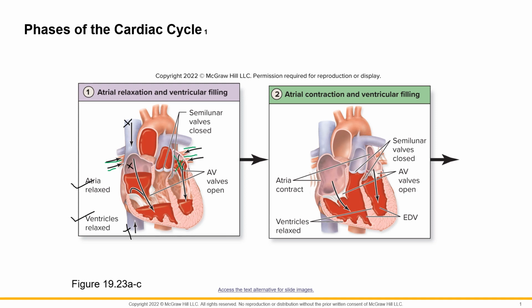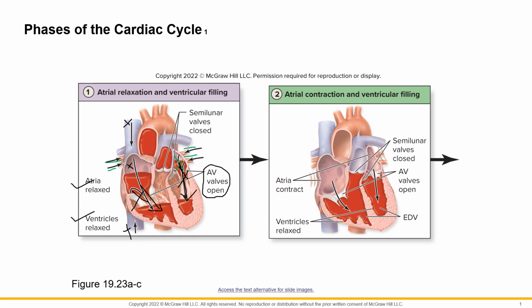Now, while both atria and ventricles are relaxed, your AV valves are open. So this is your tricuspid valve, this is the bicuspid or the mitral valve. Both these valves are open, meaning there is some passive flow from each atrium to the ventricle respectively.